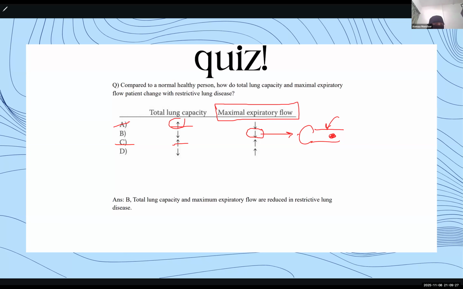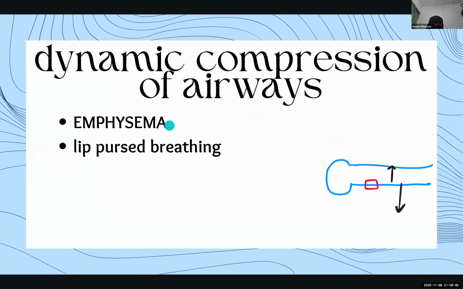If that's the case, maybe I made a mistake, guys. Whatever I explained about restrictive lung disease is correct, but the only mistake I would have made is in the examples. I think I made a problem over here. Give me one second, let me just confirm this.